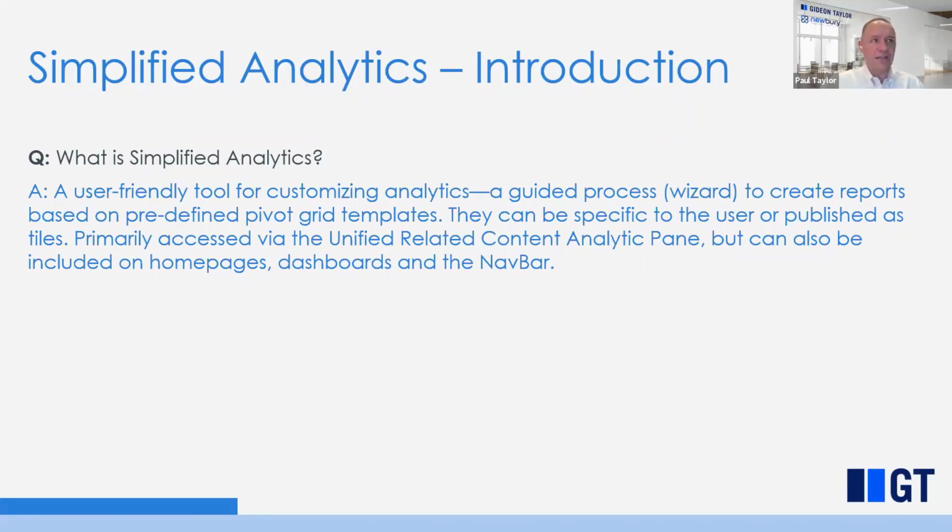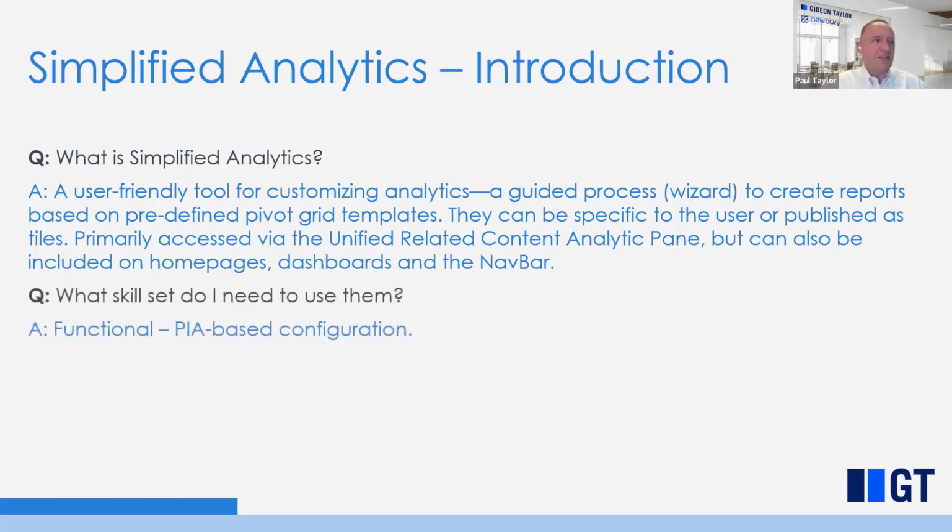You get a process that really takes a pivot grid in most situations, and then helps you to display that pivot grid in specific places, like on home pages, in a dash bar, or in a pane that is specifically created in order to display simplified analytics, called the Unified Related Content Analytic pane. And if that does not sound like a simple thing, I'm sorry, I did not name it.